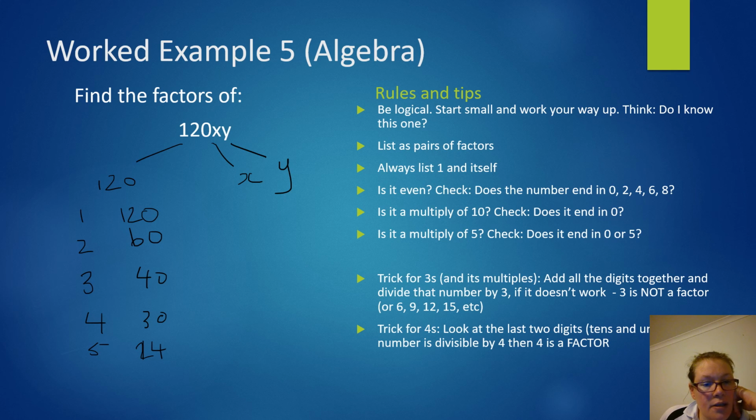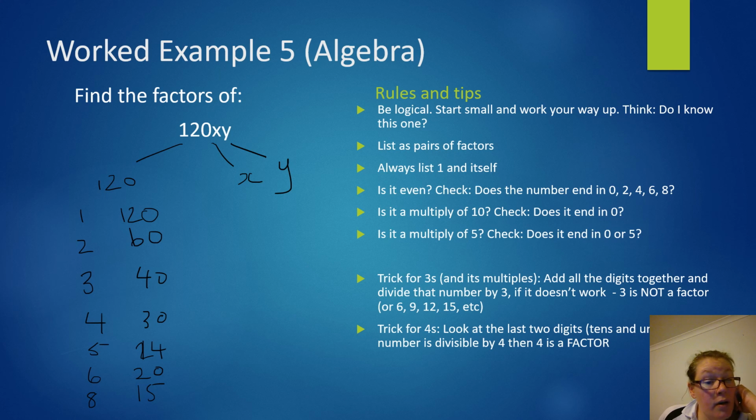8 is going to go in because we can double this and half that. So 6 will go in 20 times. 7, no. 8, yes. We've doubled that, so we half that. Okay. We can't double this again.